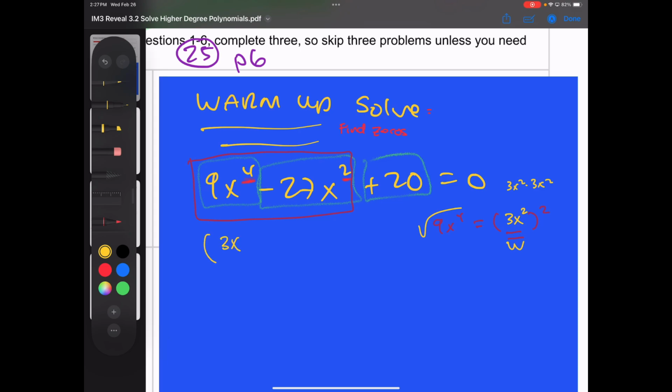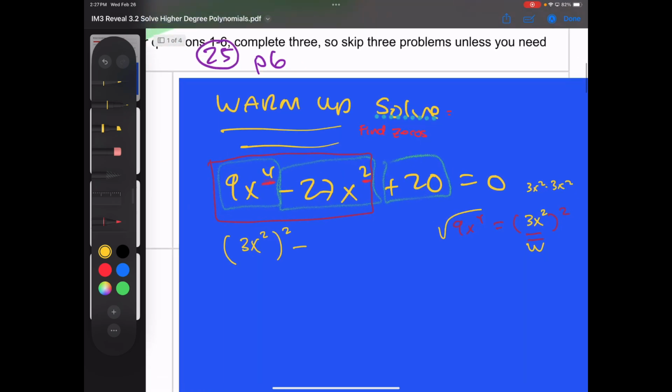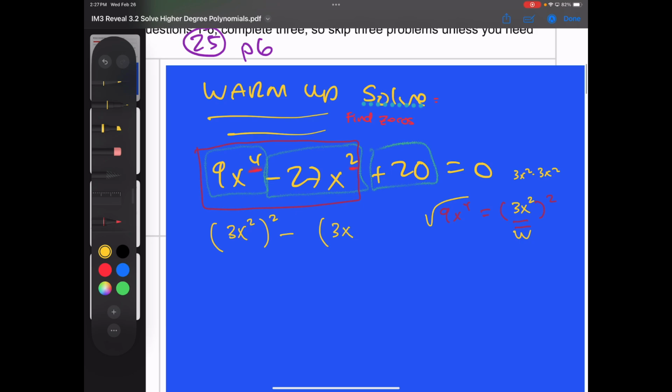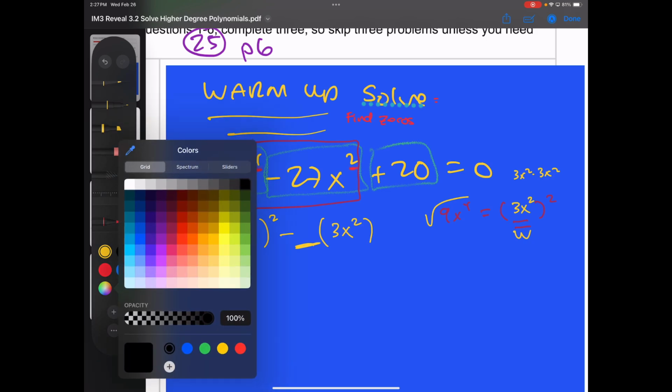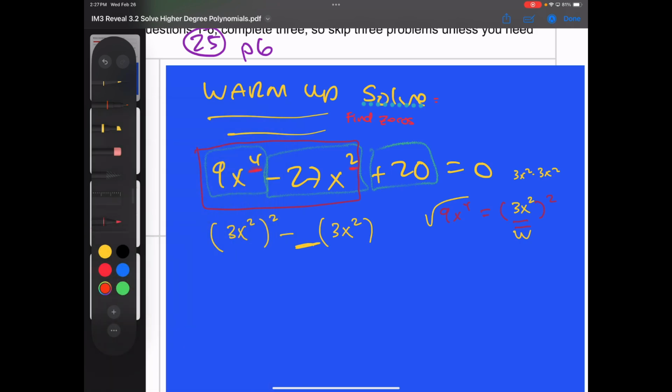So w squared, times 3x squared times something. Partner B tell partner A, what goes in that blank right there? Class, what goes in that blank? It's got to be a what?